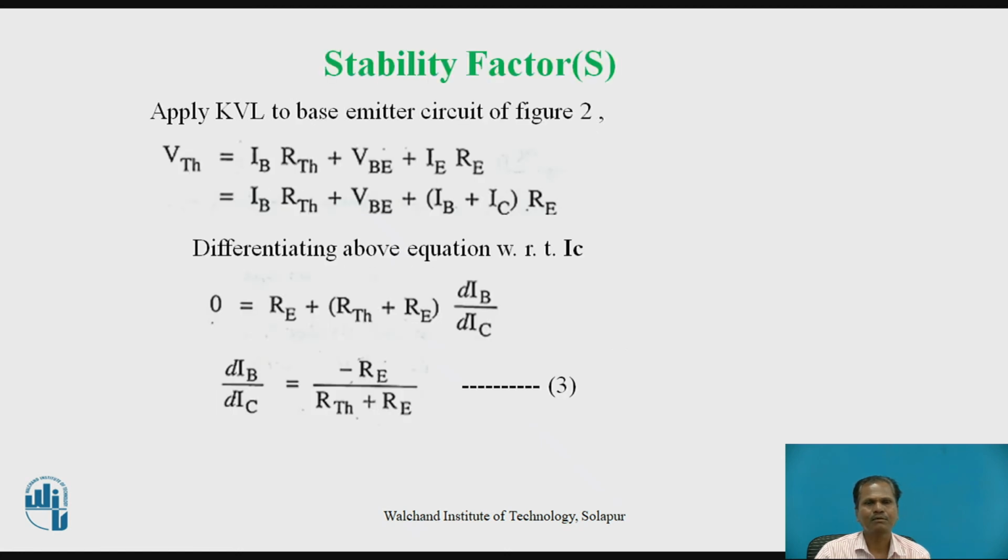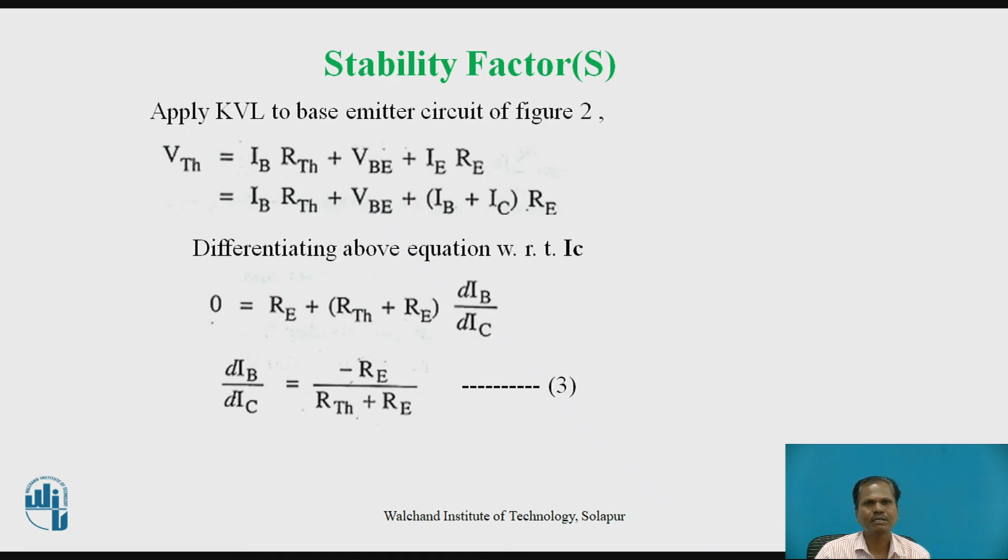Now let us go for the stability factor for a voltage divider biasing with emitter bias. Let us get the equation for stability factor. Apply KVL to the base emitter circuit of the circuit diagram shown in figure number 2. So VTH equal to IB into RTH plus VB plus IE into RE. So this is equal to IB into RTH plus VB plus (IB plus IC) into RE.